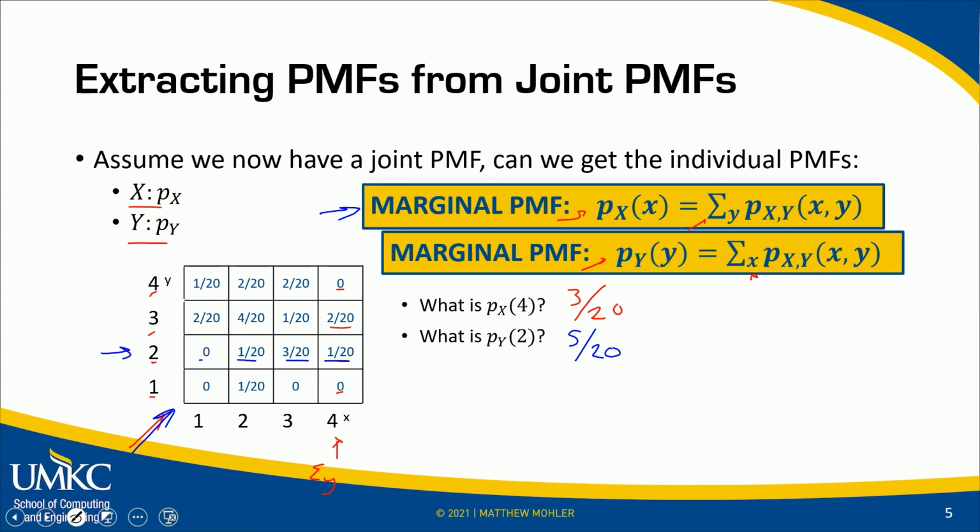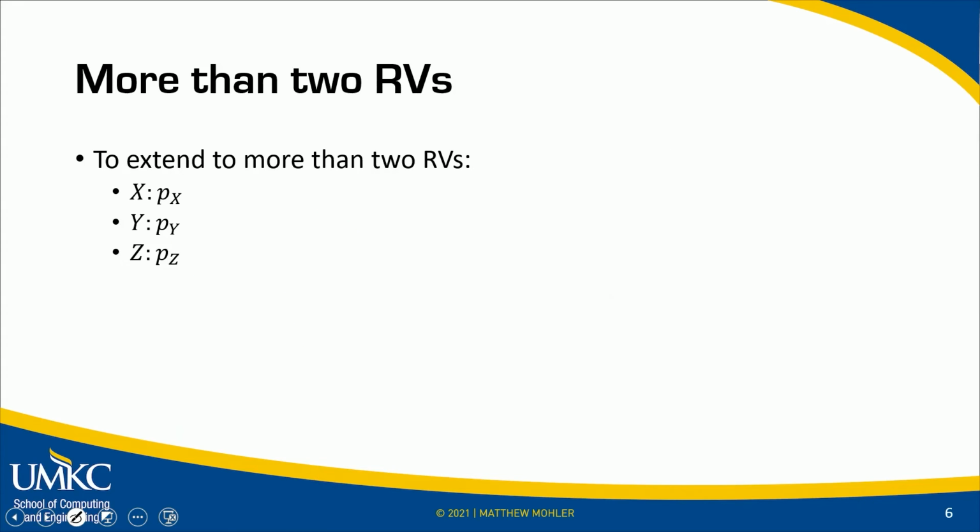Now, the last thing we'll look at is extending to multiple random variables, and really more than two. So if we wanted to extend to, say, an X, a Y, and a Z, and we'll do it for just 3 in this situation, but the process is very much the same regardless of how many random variables you have.